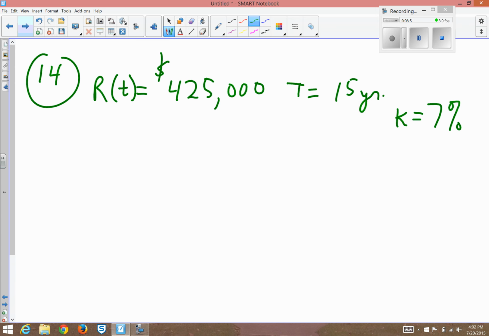The formula for the accumulated present value is B equals R of t over k, parentheses 1 minus e to the negative kt.